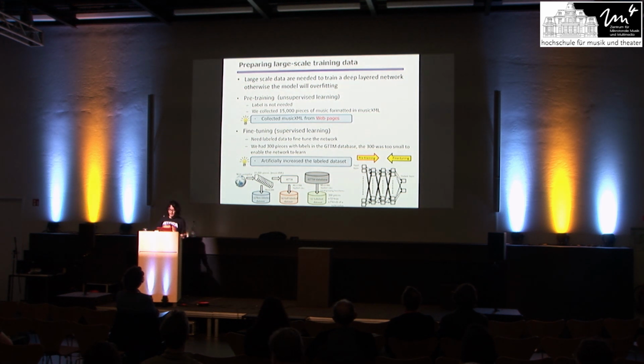We needed label data to supervise fine-tuning of the network. Although we had 300 pieces with labels in the GTTM database, the 300 was too small to enable the network to learn. So we artificially increased the label data set like this.